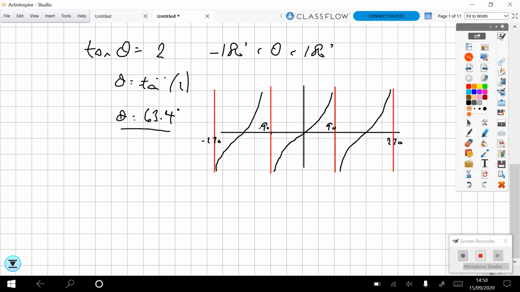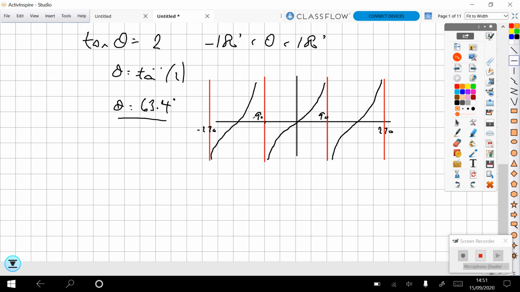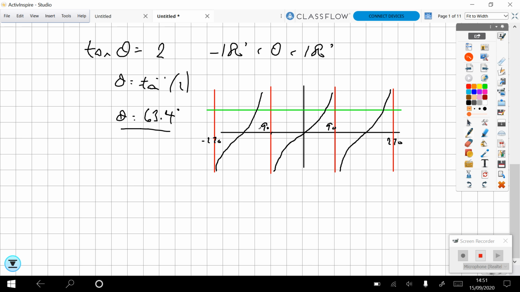Now, tan of theta equals 2. We haven't got a scale on the vertical axis. That's because it goes up forever and also down forever. But we can still pick something reasonably sensible. Let's draw this in green. Tan of theta equals 2 is perhaps about there. And we can see that there are solutions to this equation in those three positions. This one is the one that we've found.